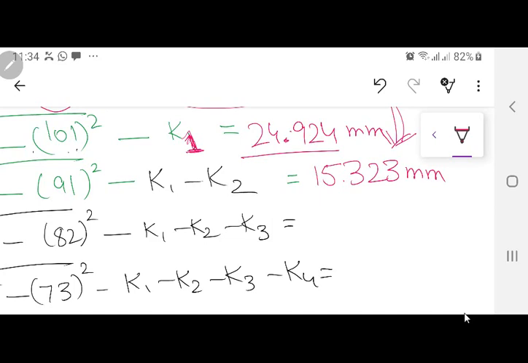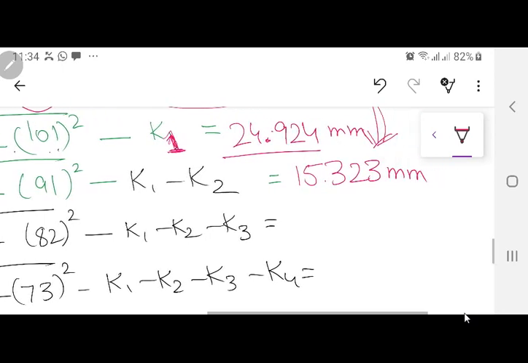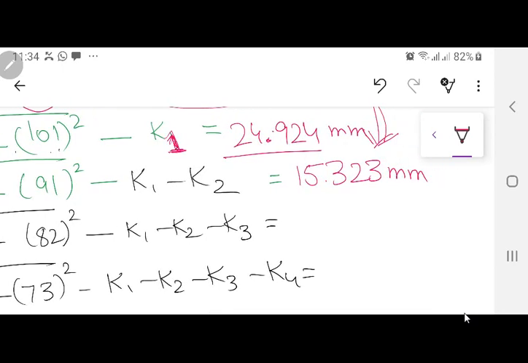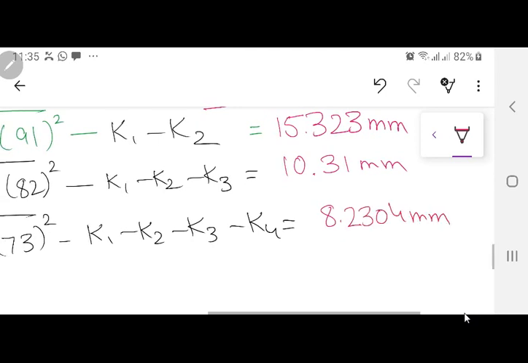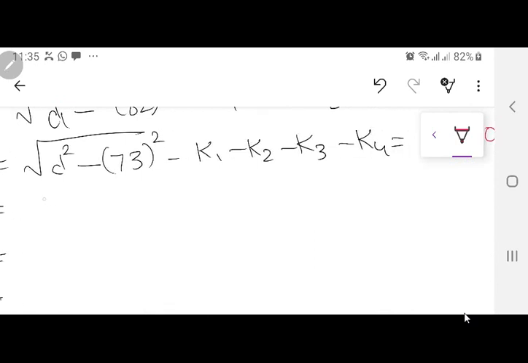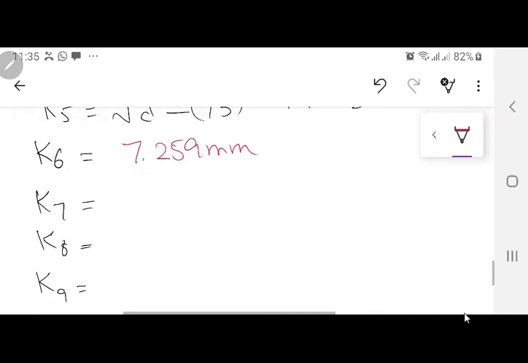After 15.323, 10.31 mm. What is next? 8.2304 mm. Next K6, 7.259 mm. K7.